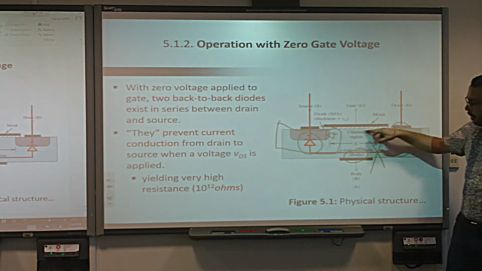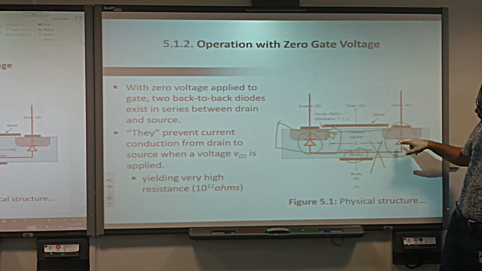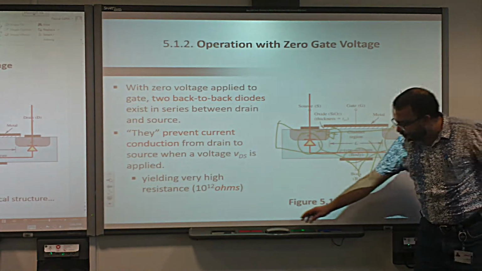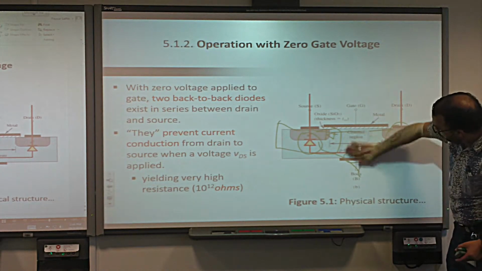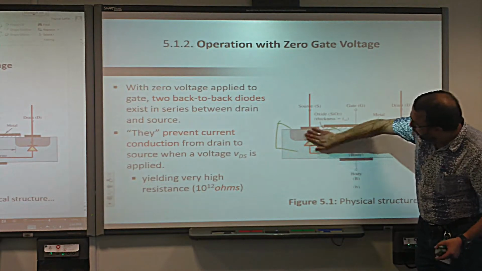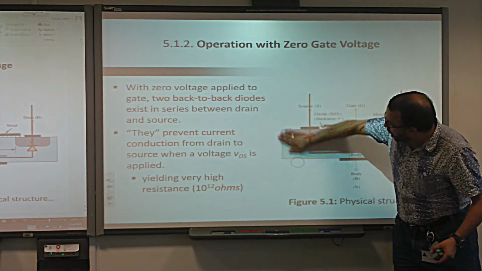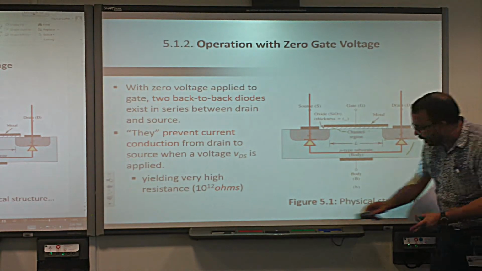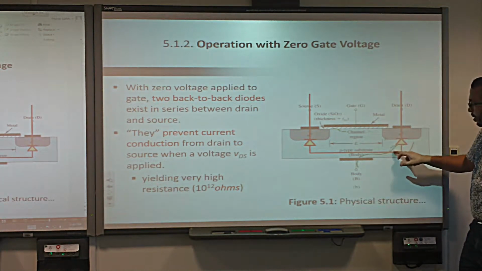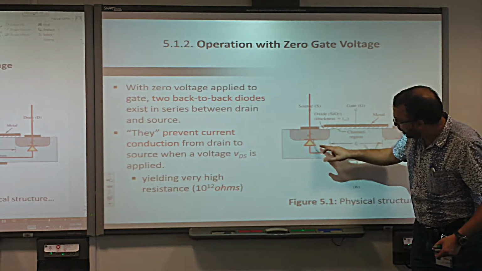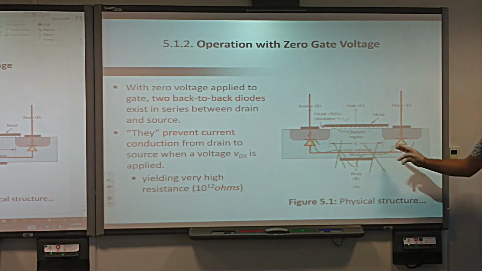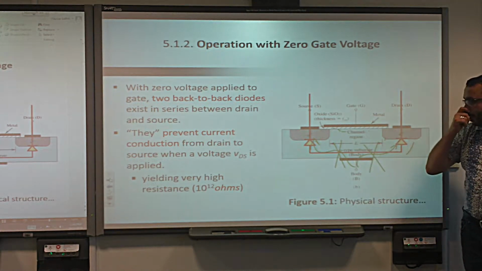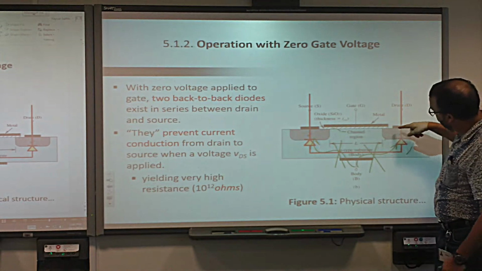This is the direction of the current. Not from here. If these diodes are forward biased, then the current will come from the body. Yes or no? We don't want that. We want the current only to come between the source and drain, not between the body and the source and drain. This current should not take place. This is not allowed, and this not allowed. To make that happen, we need this to be reverse biased and this reverse biased, so that the only current that we need to create is through the channel.